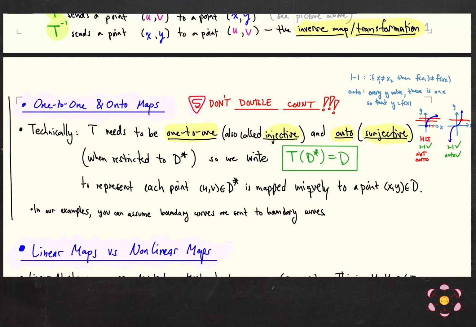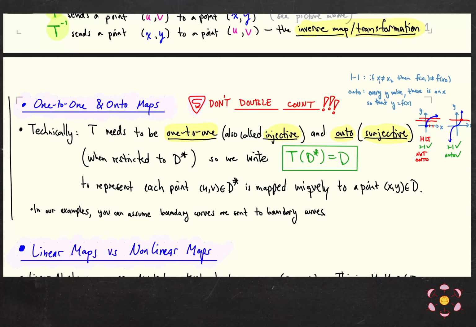So what we risk is, for example, if we've got a disk in polar, typically we use the range of values of 0 to 2 pi for theta, but what if we did something like 0 to 4 pi? One way to think about it is essentially I am double counting that disk, and this is something that we don't want to do, so we just want to count it once. So these are the two conditions so that we can guarantee that.